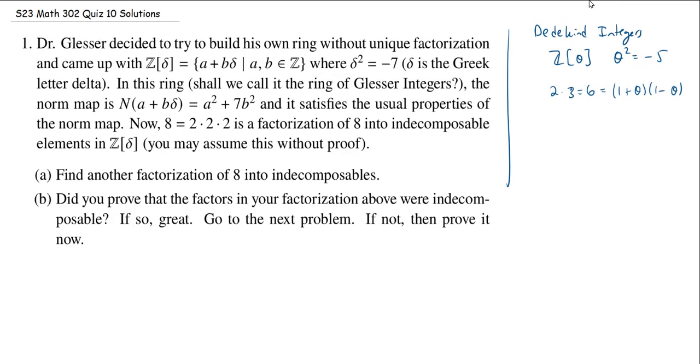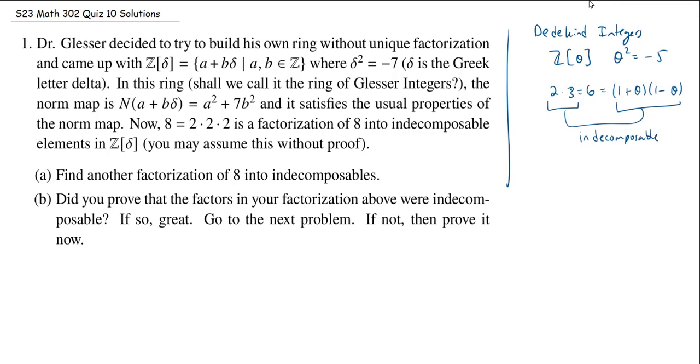Recall everything in Z theta looks like a plus b theta. You don't have unique factorization because in this ring all 4 of these are indecomposable. You cannot factor them without using units.